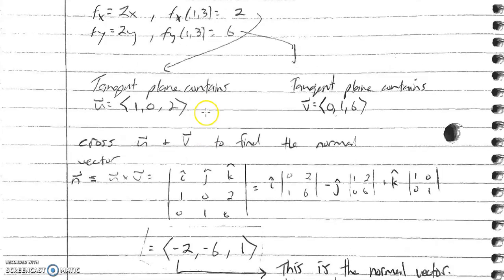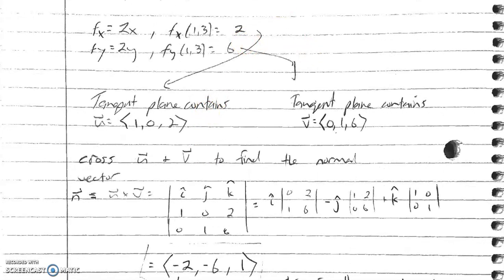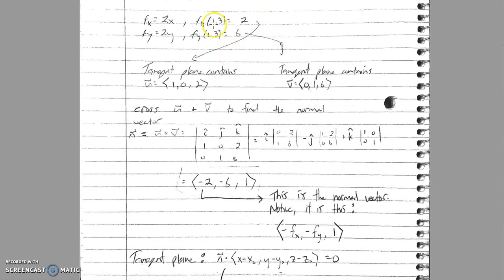What I want to point out is that, let me zoom out a hair, this is my f sub x value there. This is my f sub y value there. Some of you, back in first semester, noticed that this was always going to be the negative of that, and this was always going to be the negative of that, and I was always going to get a 1 here, right?